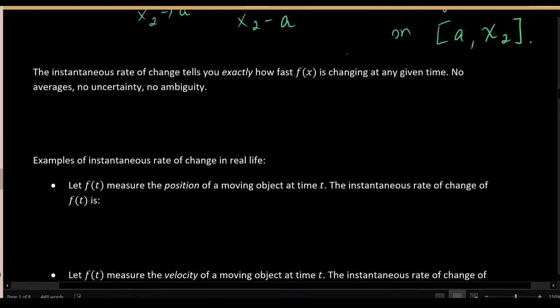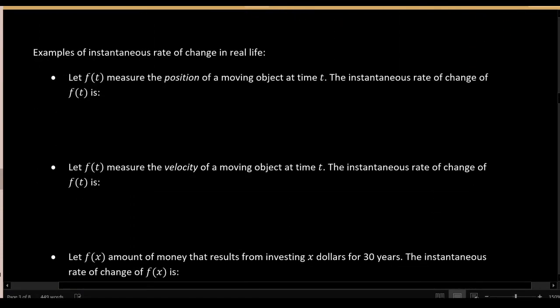Now, some examples of instantaneous change in real life. If you have a function f of t which measures the position of a moving object at a time t, then the instantaneous rate of change of f of t is a measure of the object's speed.